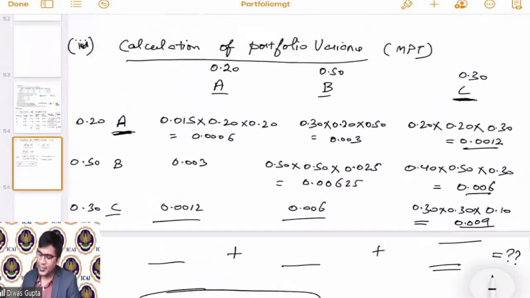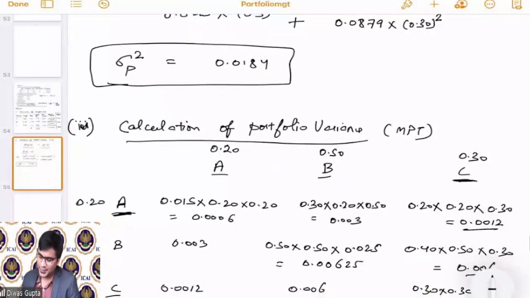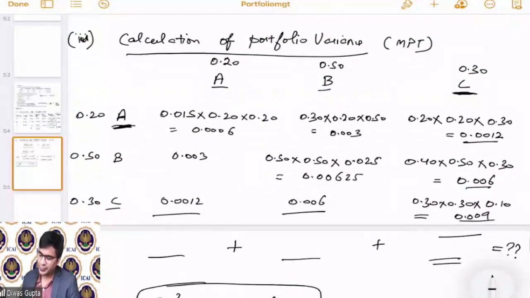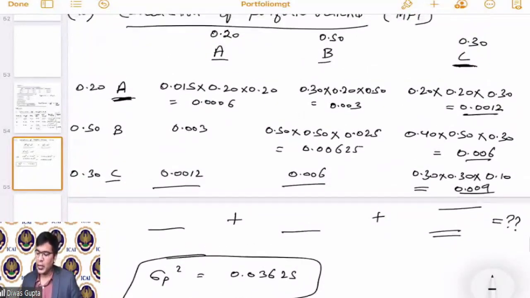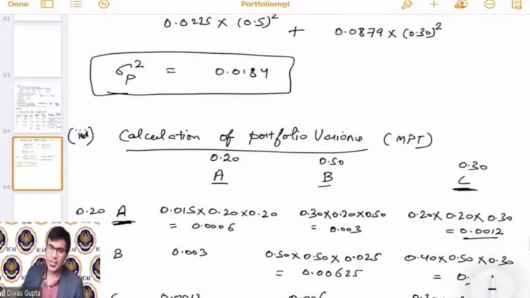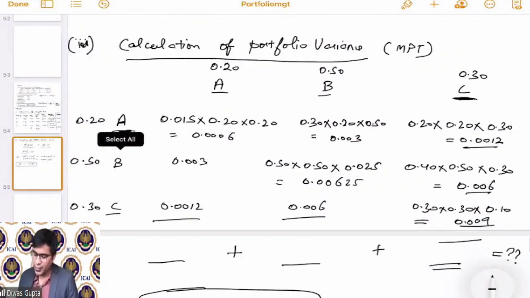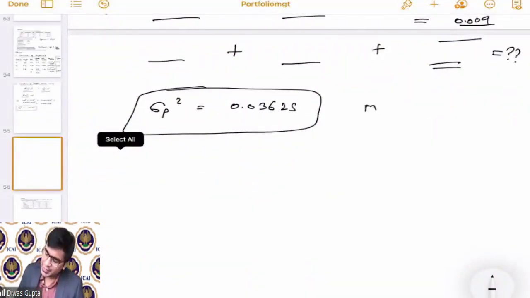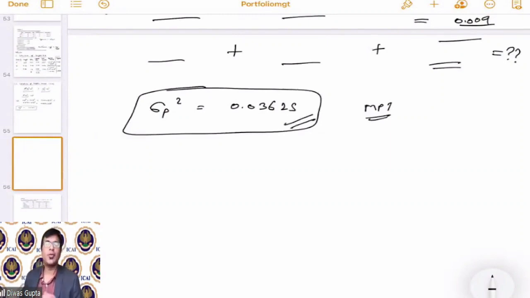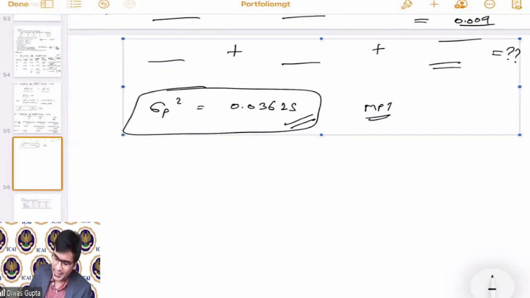So let me tell that because it's clearly visible here. As per the Sharpe index model, the variance comes out to be 0.0184, and as per the Markowitz portfolio theory, it comes out as 0.03625. So in the previous session, there was a query that using both these methods there will be a difference in calculation, definitely. And at that point of time also, I told you yes, there will be a difference.